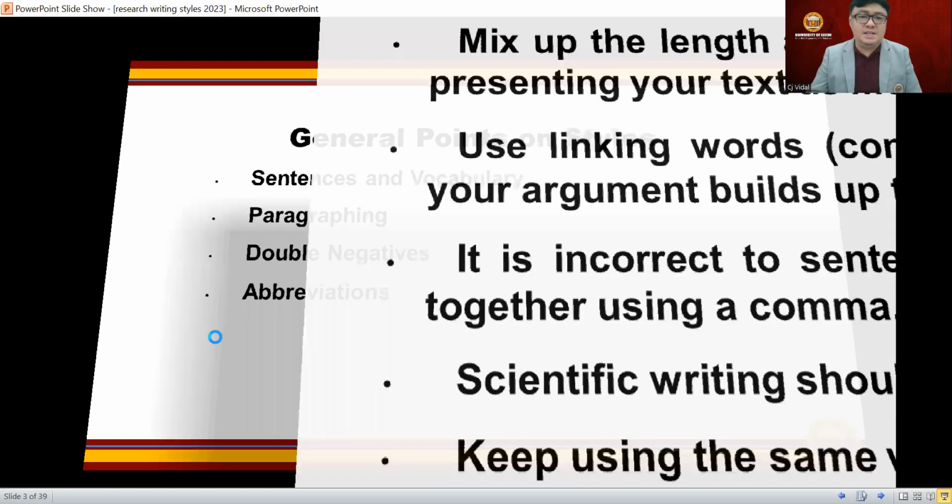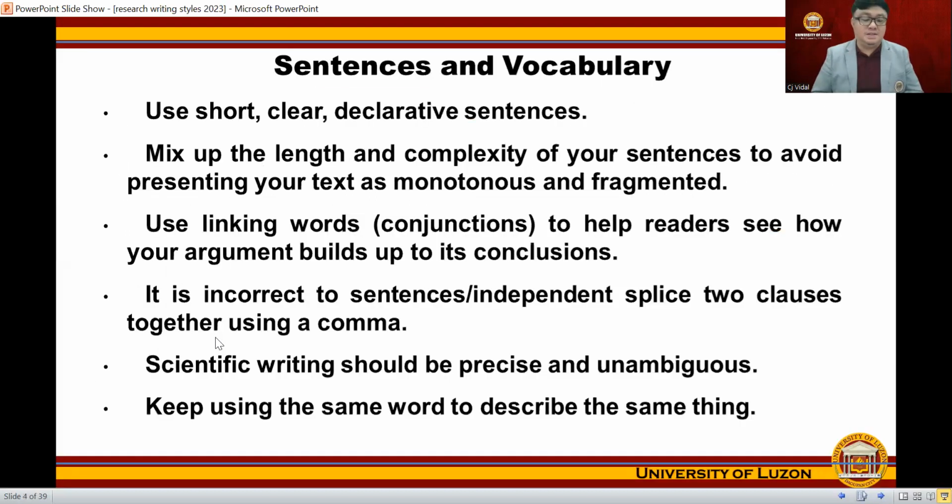So we start with sentences and vocabulary. Number one, as a matter of general rule, we use short, clear, declarative sentences, so they are easy to understand and, of course, straight to the point.